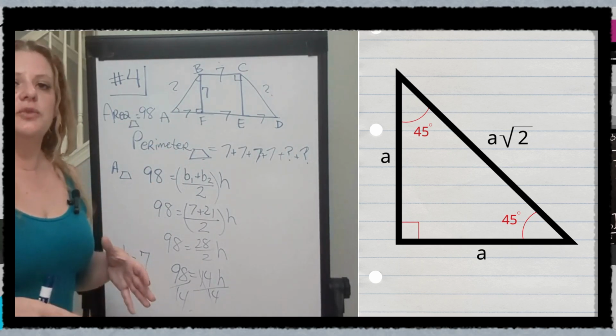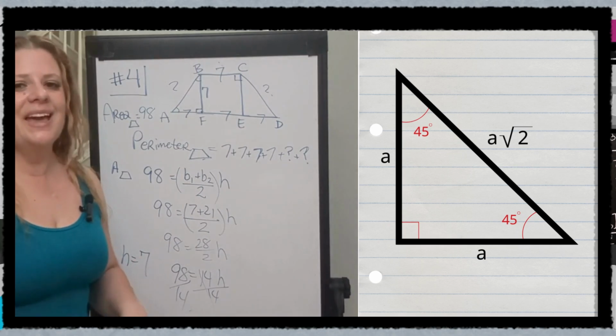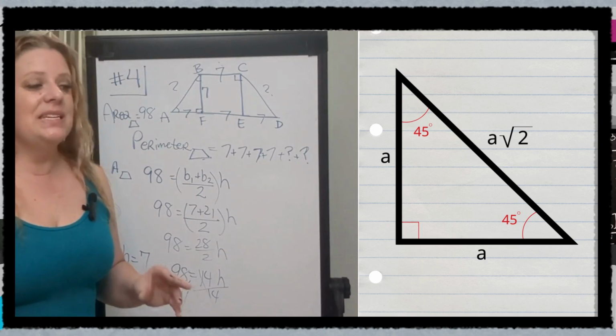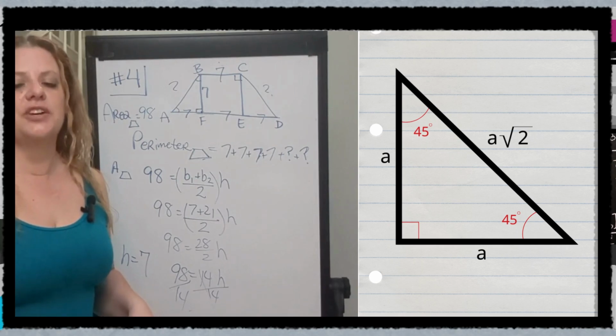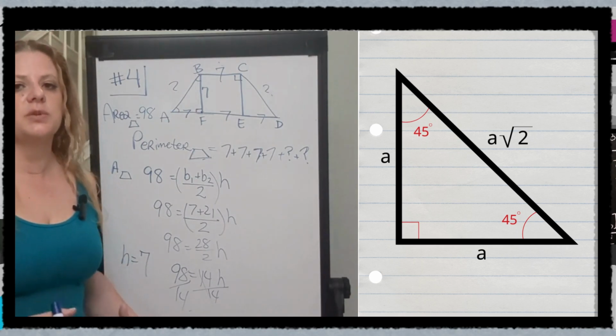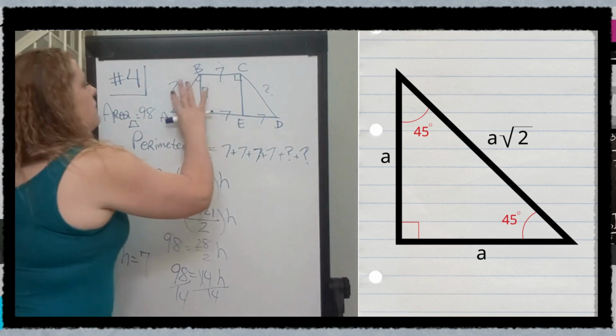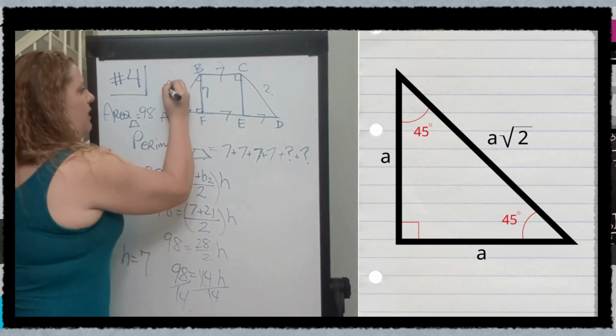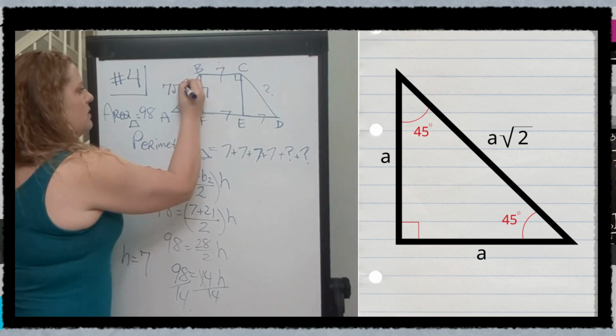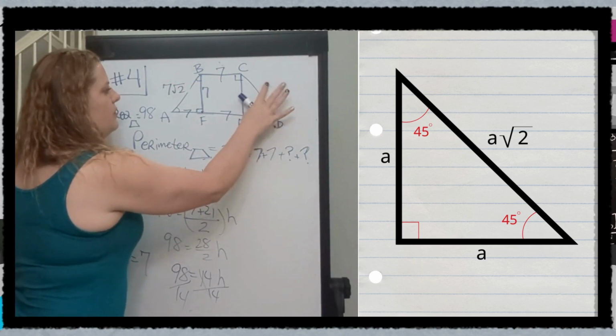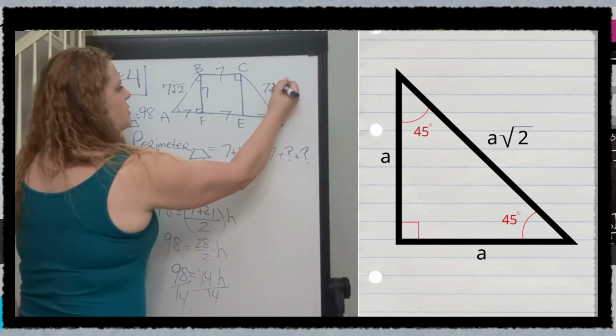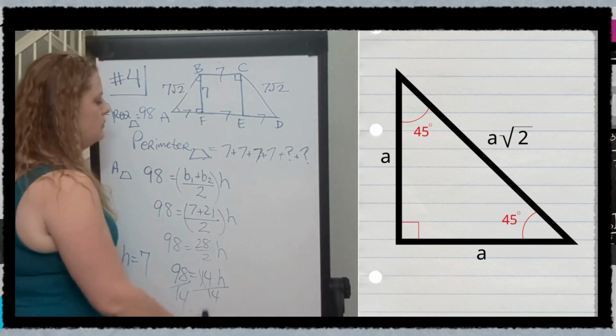Now, can you use the Pythagorean theorem? Yes, absolutely. It's easier though, and the answer choices are going to make more sense to you if we use the special triangle. So that means the hypotenuse is 7 square root of 2. This is the exact same over here, 7 square root of 2.